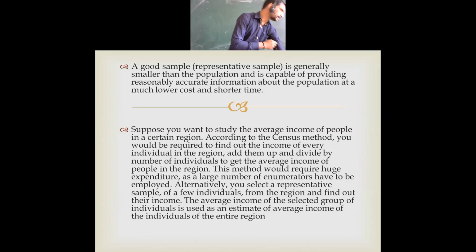Further, a good sample, or representative sample, is generally smaller than the population. Obviously the total population will be a huge quantity, and in a sample survey what we take will be a small part of the total population, and it is capable of providing reasonably accurate information about the population at the lowest cost and in shorter time.